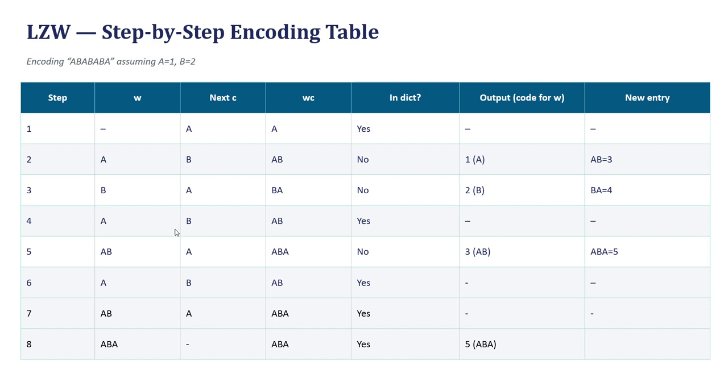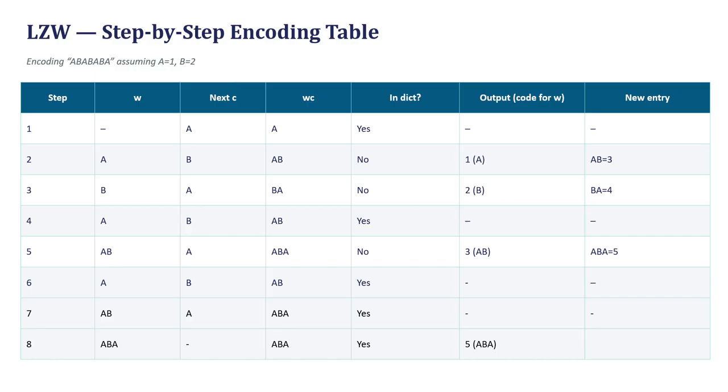Now we have something known as W. Initially it is empty. WC is nothing but the concatenation of these two, and so the concatenation of null and A gives me A. We should check if it is there in the dictionary. If it is there in the dictionary, we do not have to do anything. Is A in the dictionary?